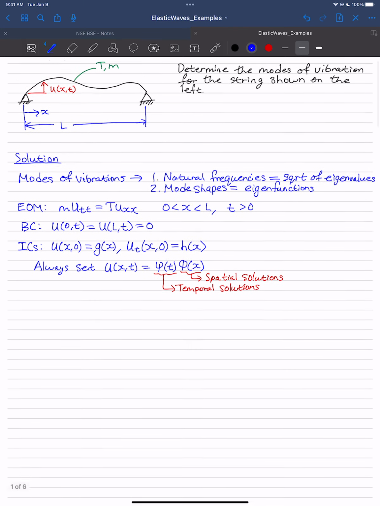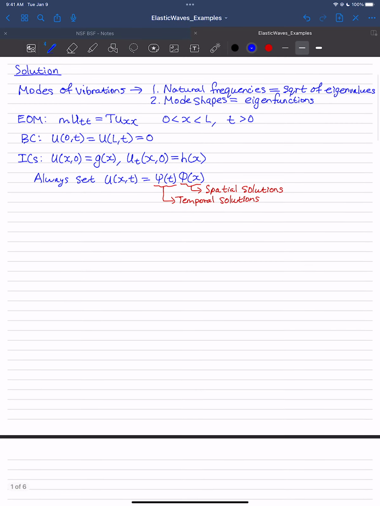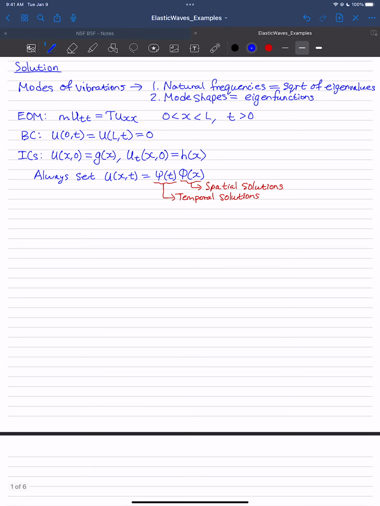Okay. So at this point, we're always going to substitute u of x comma t equals psi of t times phi of x into our equation of motion. It's useful to do each side separately.